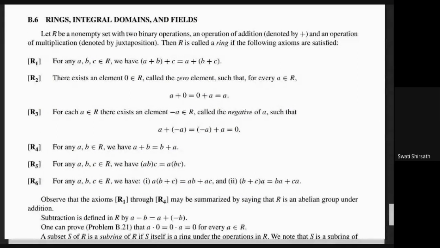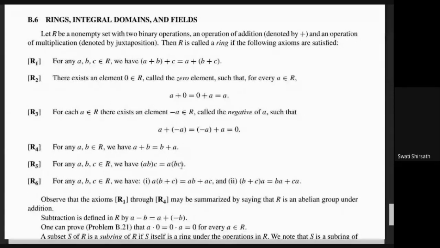It just looks big, but it is simple. For addition, you check all properties of an abelian group, for multiplication you just check whether it is associative or not, and then you check the distributive property for addition and multiplication. If all these properties are satisfied by that algebraic system, we'll say that it is a ring.